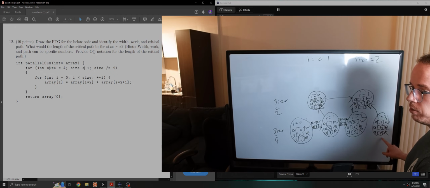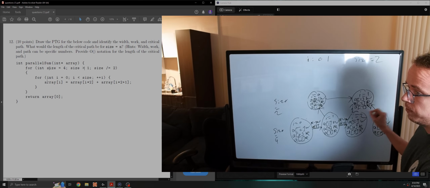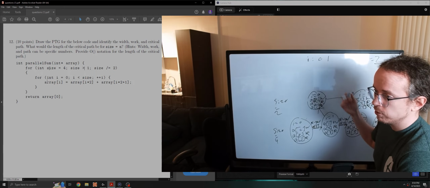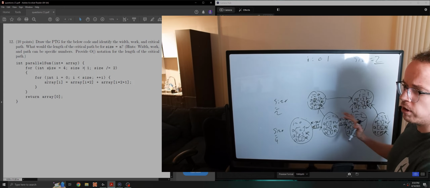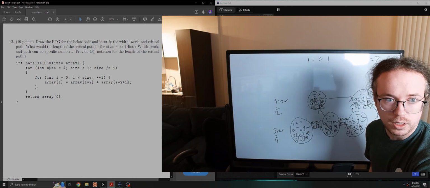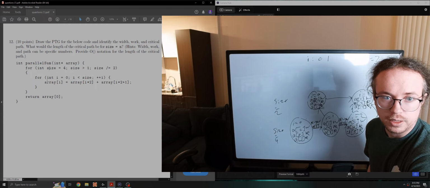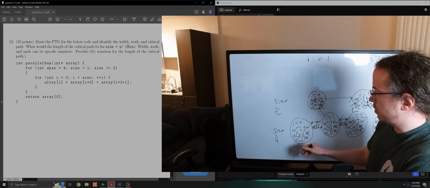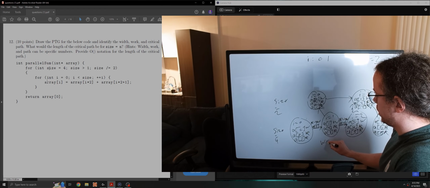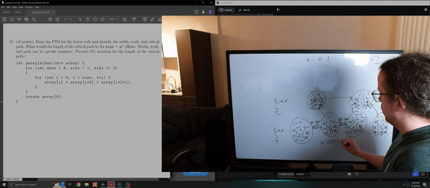This is the only place we get any parallelism in this version of the problem for such a small size. For just size equals 4, this problem doesn't look great for parallelism. So if you wrote width equals 2, that's fine.